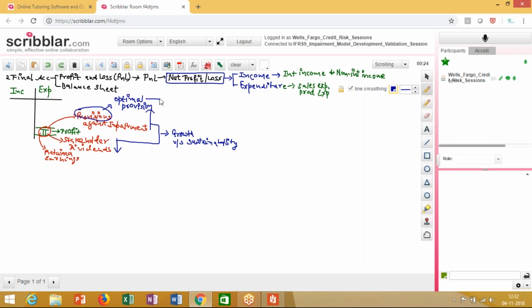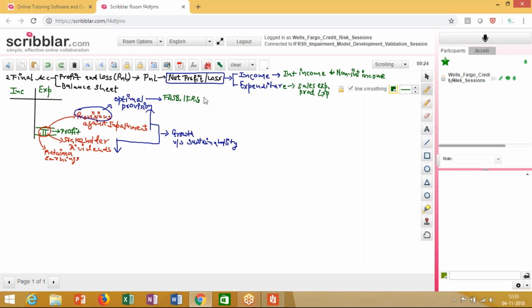And what are those regulations? One set of regulation is the FASB regulation, issued by the Financial Accounting Standards Board, right? The second set of regulation is the IFRS regulations. Now, the FASB regulations after some time became the CECL regulations, and there are other regulatory norms as well.